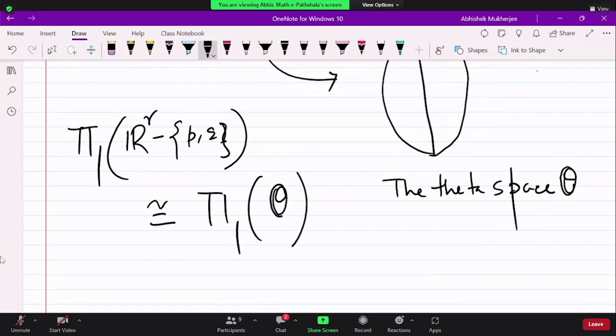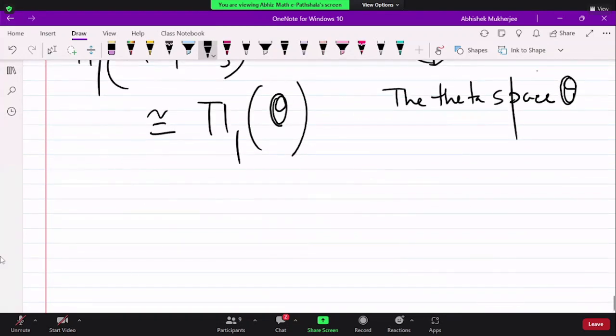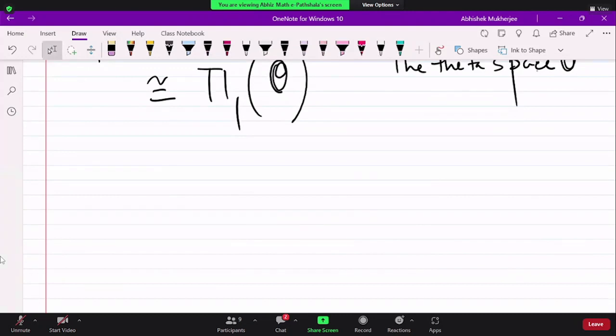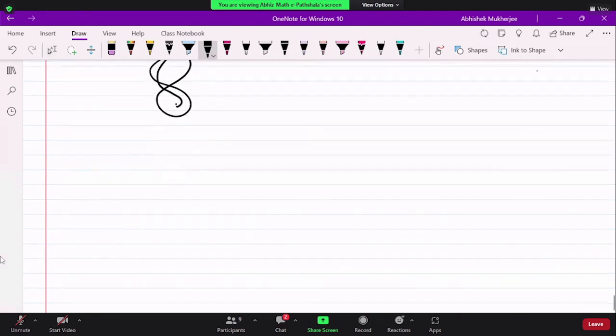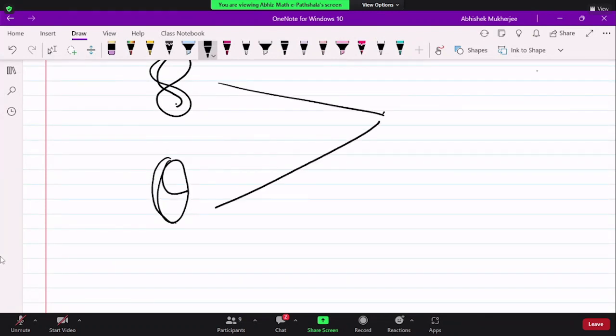Okay, great. So what we have done is that the figure 8 space and the theta space both have isomorphic fundamental groups, which is the fundamental group of the plane punctured at 2 points, right?